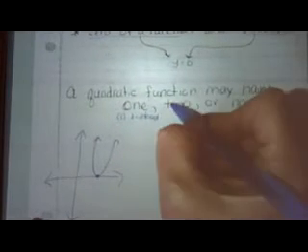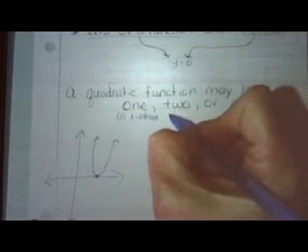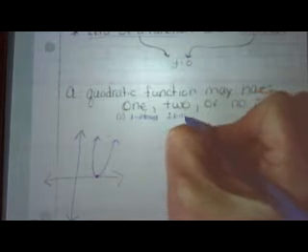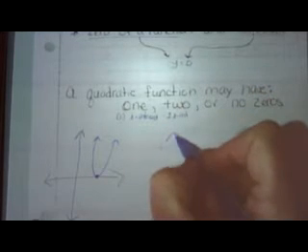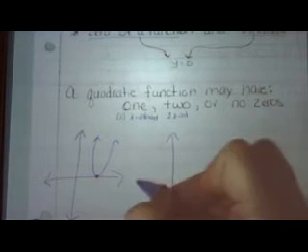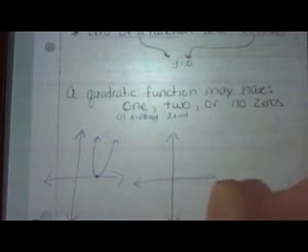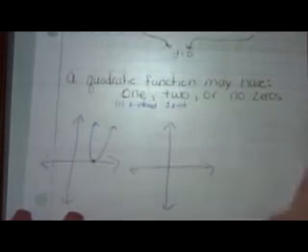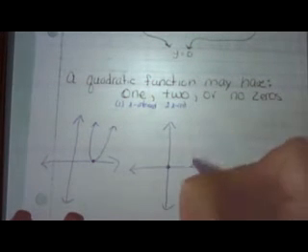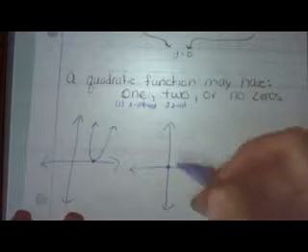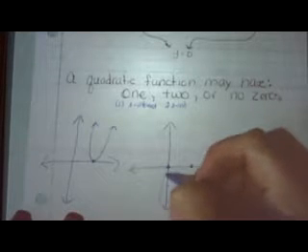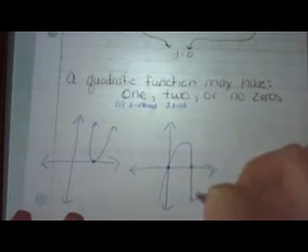If we have 2 zeros, that means I have 2 x-intercepts. So let's graph a parabola that has 2 x-intercepts. Anywhere on my graph I could have 2 x-intercepts. So let's say I have one right here and one right here. This parabola might possibly look like this.